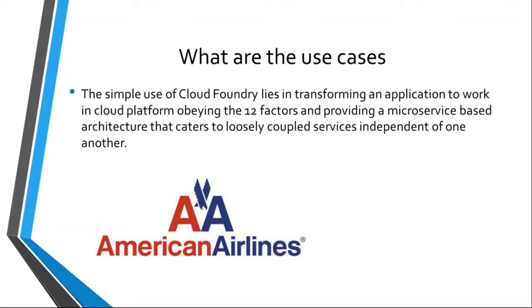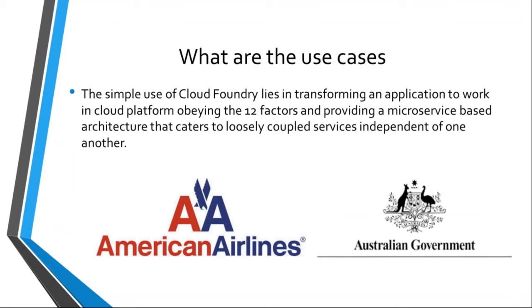For example, American Airlines adopted Cloud Foundry to deliver apps faster for the transportation and internal mobility of their customers. Similarly, the Australian government has transformed service delivery with the Cloud Foundry platform.